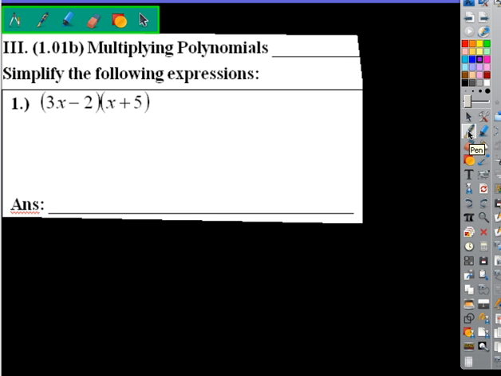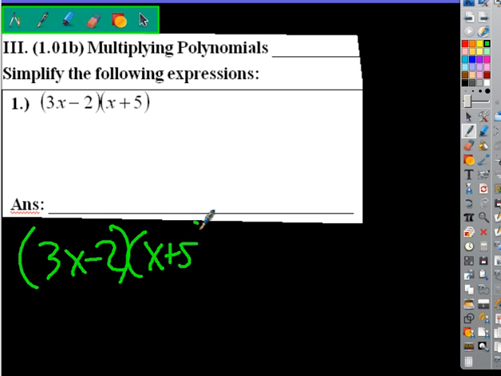So we've got FOIL and we've got box methods. So let's look at FOIL first. I've got, let's use green, 3x minus 2 times x plus 5, and I'm going to FOIL. So FOIL means firsts, so that's 3x squared.